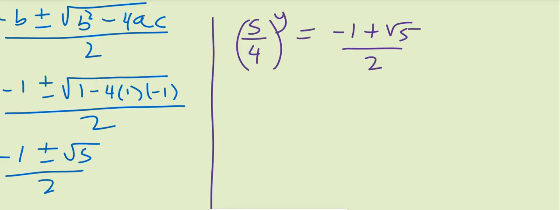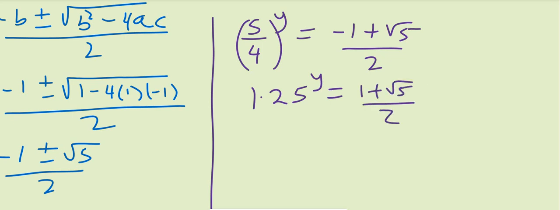Therefore, if I'm taking log of both sides, I can write 5 over 4 in decimal form. This is 1.25, which makes it easier for me. 1.25 to the power of y equals, minus 1 plus root 5 over 2.